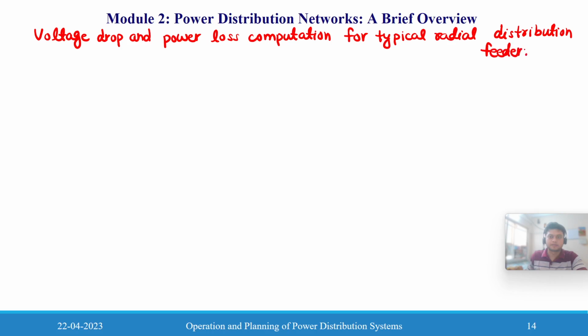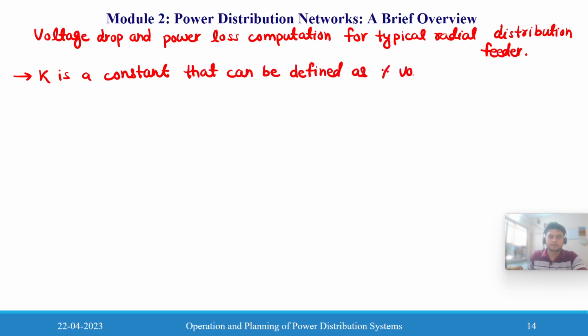Here we define the K constant. K is a constant that can be defined as percentage voltage drop per kilovolt ampere kilometer.